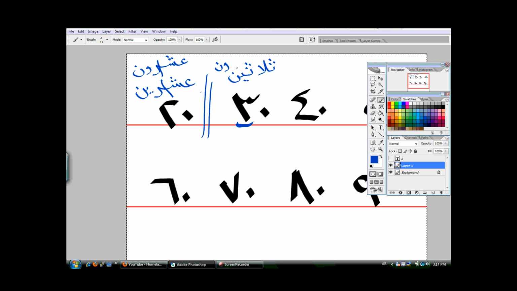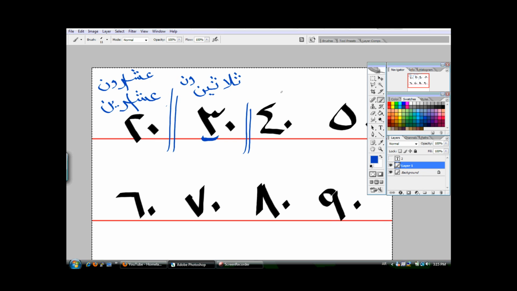Another way that I read أربعة was أربع. So we say أربع and we say عين: أربعين or أربعون.